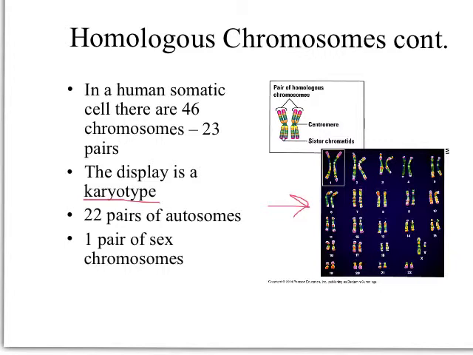We have 22 pairs of what we call autosomes and one pair of sex chromosomes. So the autosomes are going to control all of the other features in our bodies, and the sex chromosomes are going to determine whether we are male or female, and they also have some other features on there as well.